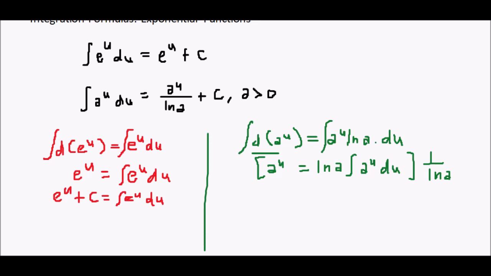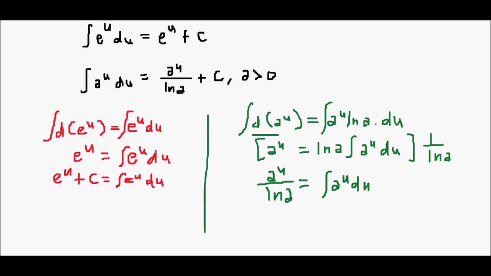So we have a to the u over ln a is equal to the integral of a to the u du. And since again this integration is indefinite, we will add c on this side.